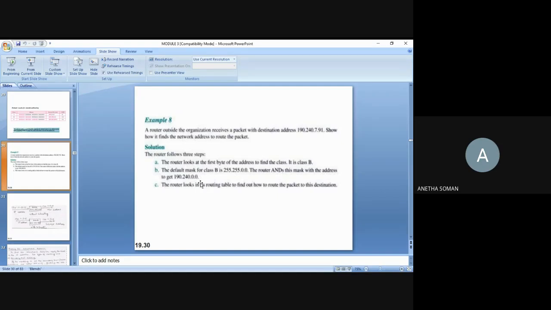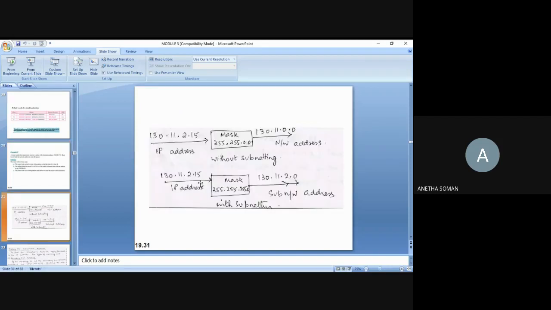So what I told is the default mask value, or the boundary level mask value. Now look at this slide. I have told you that you can do it without subnetting, and with subnetting. What is the difference? Without subnetting, what address will you get, and with subnetting, what address will you get? Suppose my IP address is 130.11.2.15.